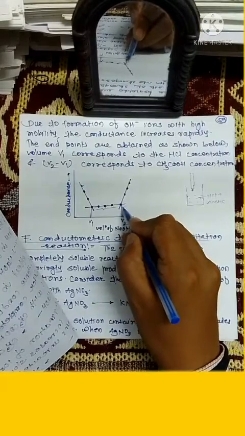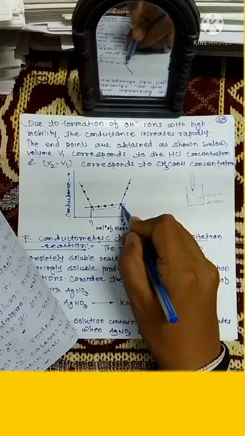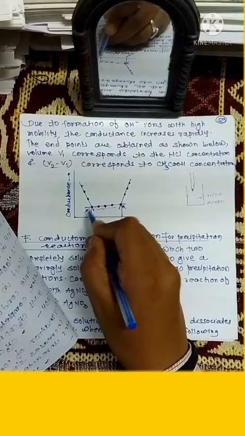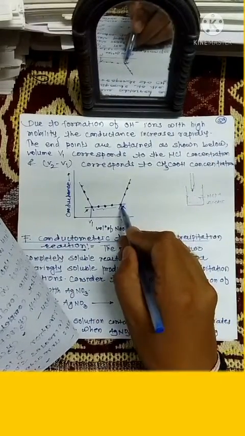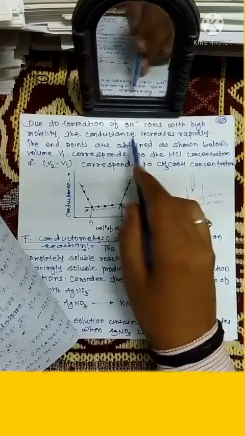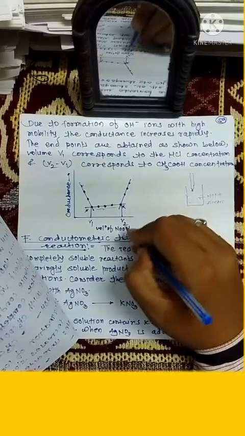This end point suggests that all acetic acid is neutralized in the reaction. This first end point suggests that all HCl is neutralized in the reaction. Due to the formation of OH- with high mobility after this end point, conductance increases rapidly.